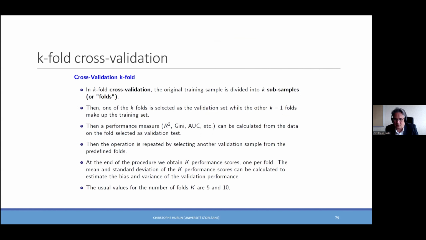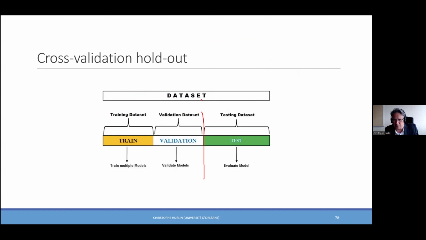Okay, so let me summarize what we have done. We have a training data set that is split in proper train, in which we determine the estimated model, and then we determine on the validation set the predictive performance conditionally to fixing a value of the hyperparameters, and then we determine the optimal value of the hyperparameters. And at the end, we use these two parts of the data set to estimate a final model, and this final model will be evaluated on the test set.